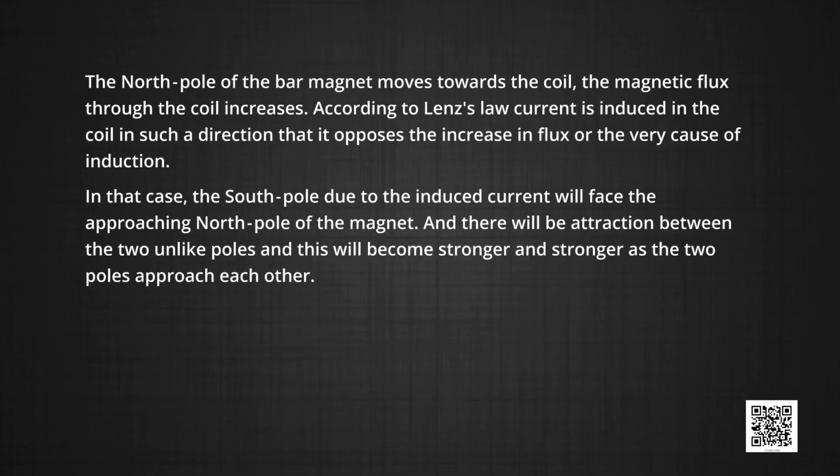What happens if I do not want to follow what Lenz says? If the induced current in my loop is in the clockwise direction and a south pole is induced, then what? In that case, the south pole due to the induced current will face the approaching north pole of the magnet, and there will be attraction between the two unlike poles, and this will become stronger and stronger as the two poles approach each other.